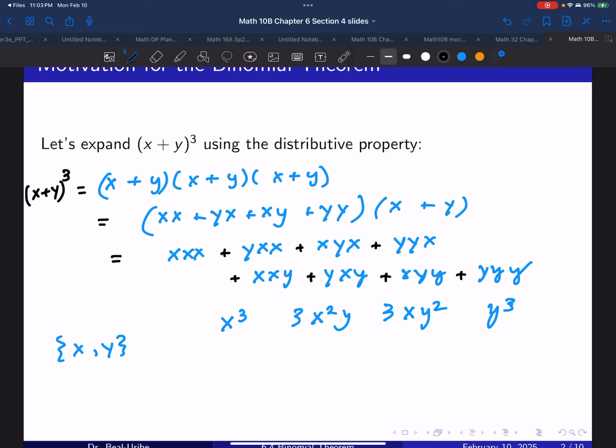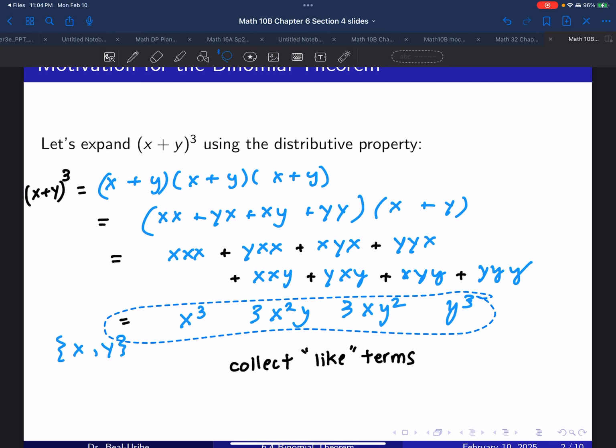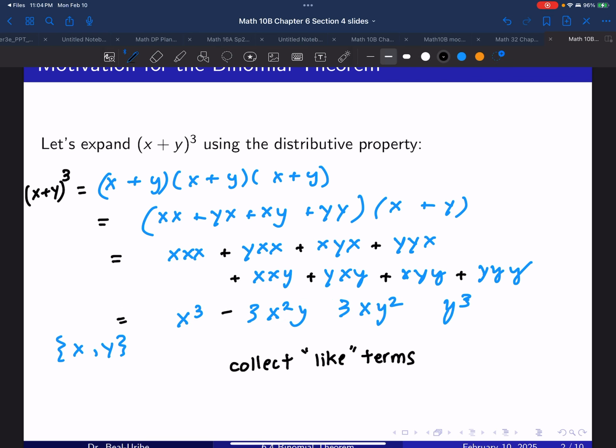And the next phase, what we always say is collect like terms. Remember how we say that? Collect like terms. Well, in our case, what that means is essentially group together yxx, xyx, xxy.